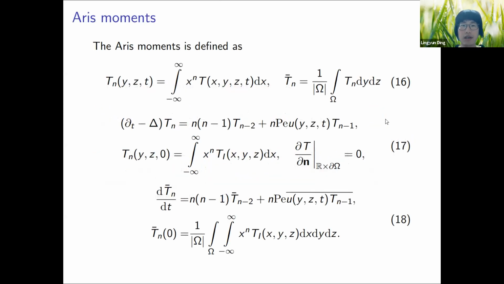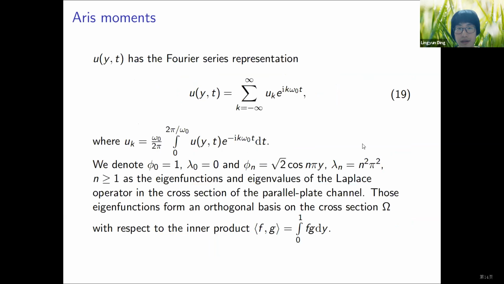To study the diffusivity and the variance, we can use a technique called the Aris moments. The Aris moments are defined like this. By integration by parts and the divergence theorem, we can obtain the governing equation of the Aris moments. Okay, so let's try to solve them.